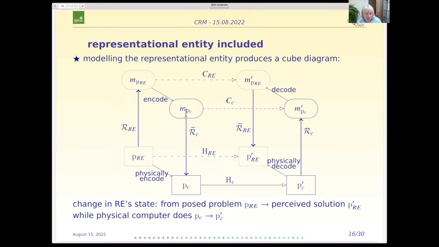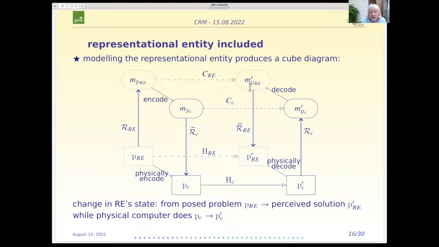So there's the model. There's the encode coming from the representational entity. And it goes into the computer. The computation happens. There's a change of state. We observe what comes out and decode.